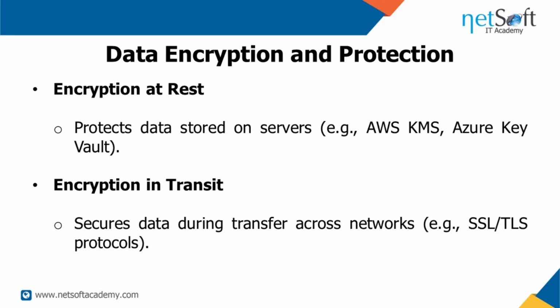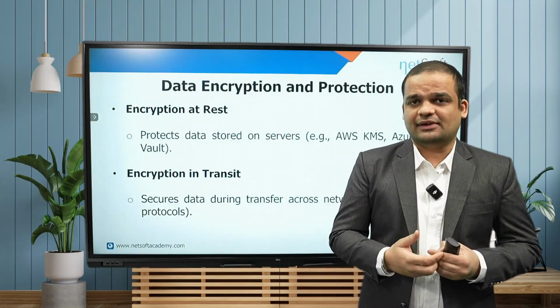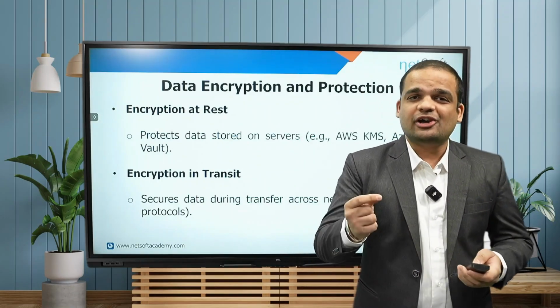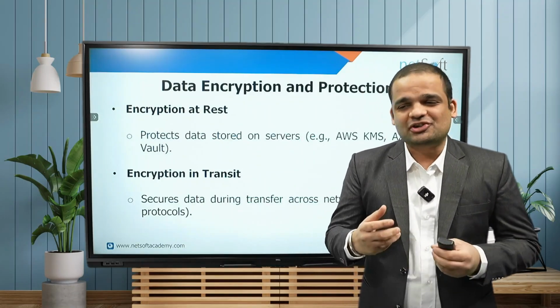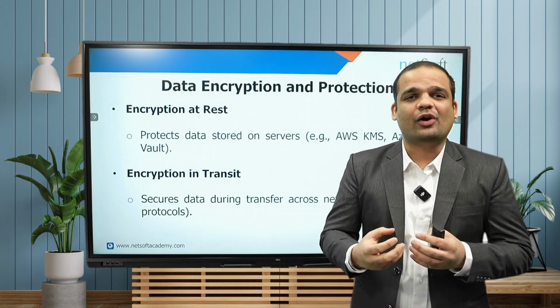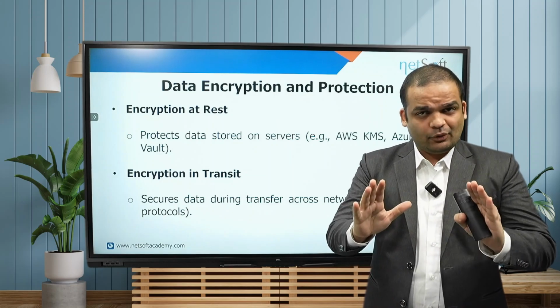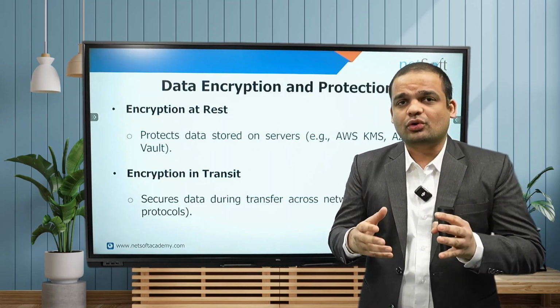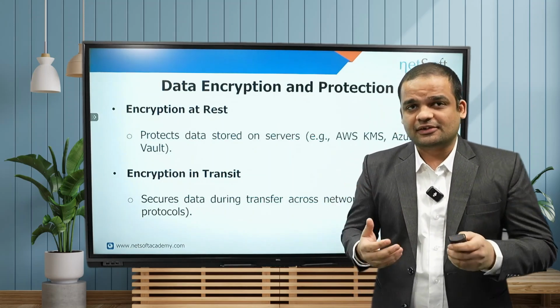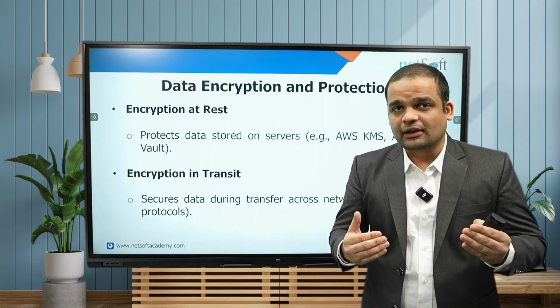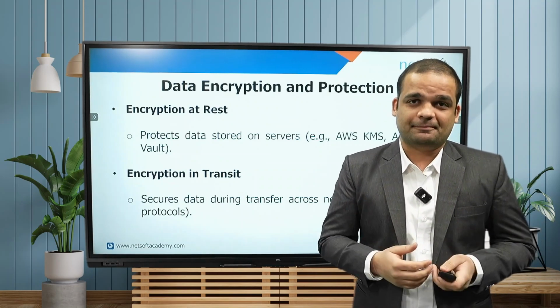Data stored on servers is encrypted to prevent unauthorized access. Services like AWS Key Management Service, KMS, or Azure Key Vault can provide you a secure encryption key management structure. By the way, if you don't like it, you can manage your own keys. But these services are quite scalable, secure, and robust.